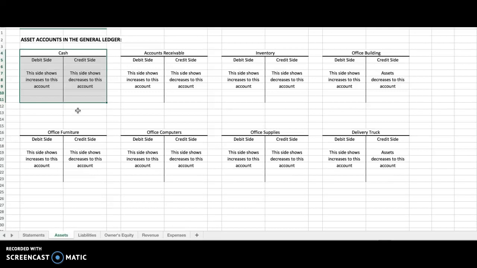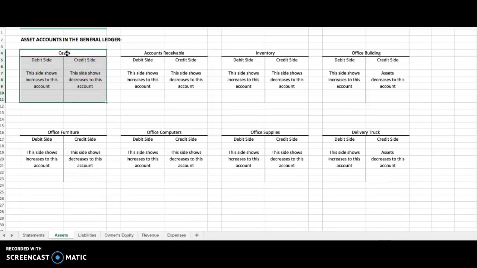So there will be something in a general ledger, which is a book. There'll be literally a page that will be titled cash account. Okay? So on that cash account page, there will be two sides. There will be a left side and there will be a right side, a debit side and a credit side.